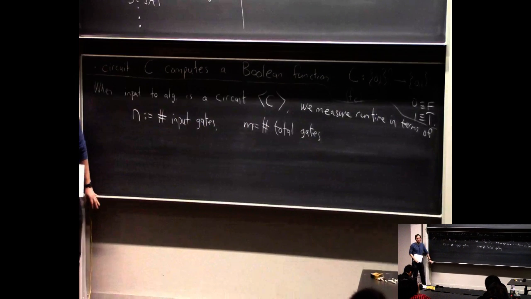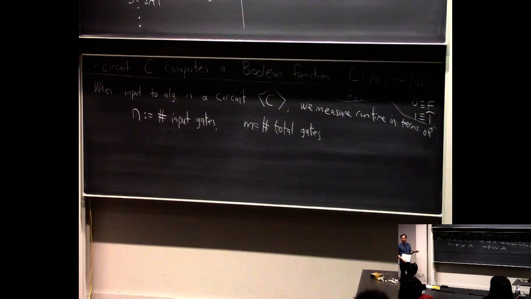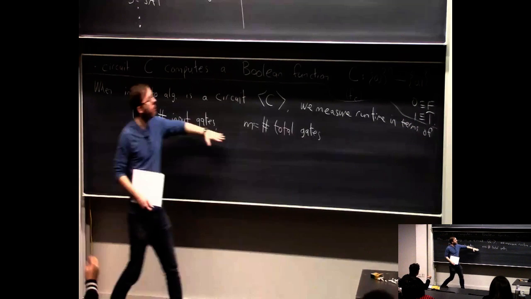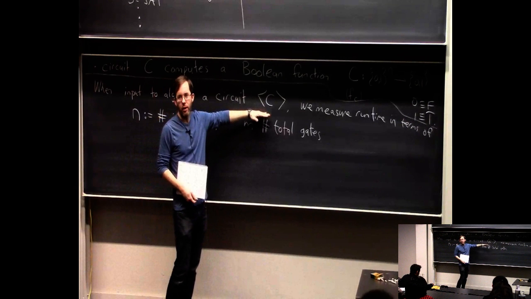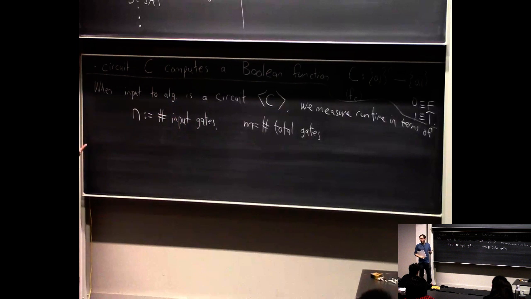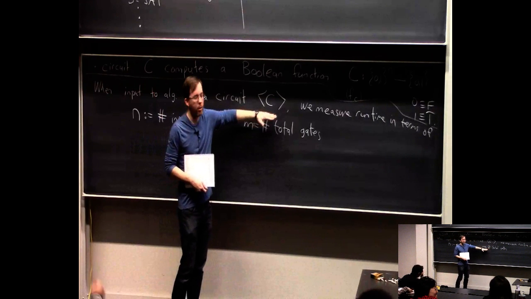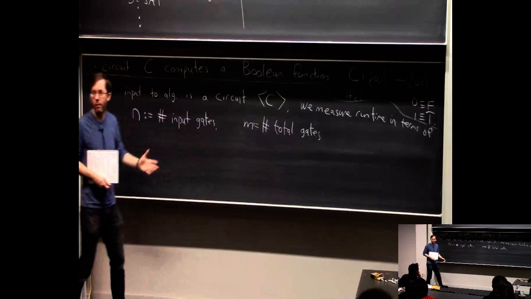And often I say, oh, we're actually going to measure our running time in terms of these other parameters rather than the size of the input. But usually when I say that, in fact, I think hopefully always, these parameters will be polynomially related to the size of the input, which is pleasant. So it means that if you only care about whether something is in polynomial time or not, whether you measure your running time in terms of the size of the input or these other parameters, it's the same thing.